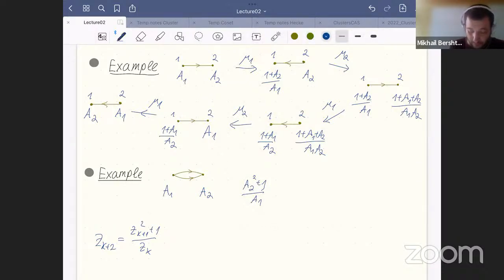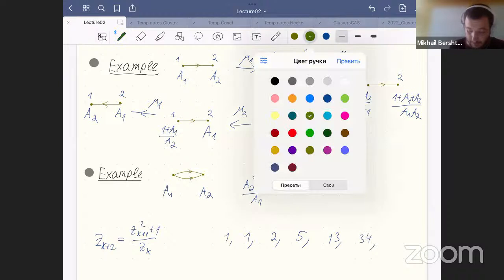If you substitute the first numbers equal to 1, then we get 1, 1, 2, 5, 13, and 34 and so on. So these are Fibonacci numbers.